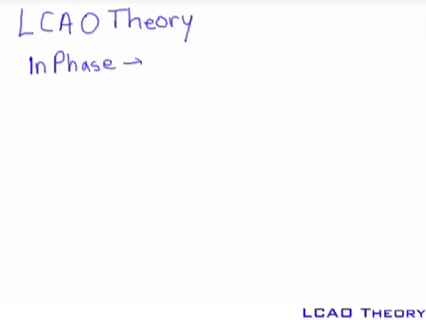If electron density increases between two nuclei, we have a bond. We get what is called a bonding molecular orbital.